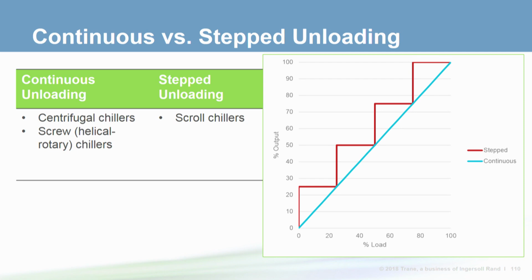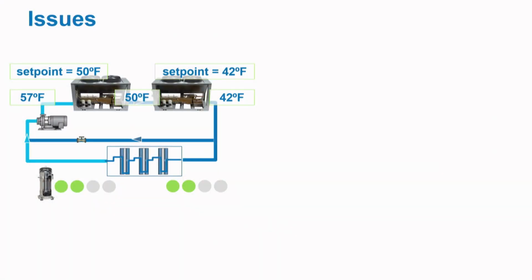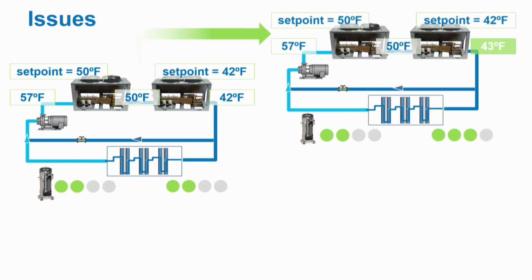When scroll chillers are piped in series, this step behavior causes a number of issues. Let's consider an example where the upstream chiller set point is 50 degrees and the downstream chiller set point is 42 degrees. Let's say each scroll chiller is operating 2 compressors, but the load goes up and the downstream chiller has to turn on another compressor when its leaving water temperature is 43 degrees. With stepped unloading, that compressor operates at capacity and the leaving water temperature drops below 42, let's say to 40 degrees.